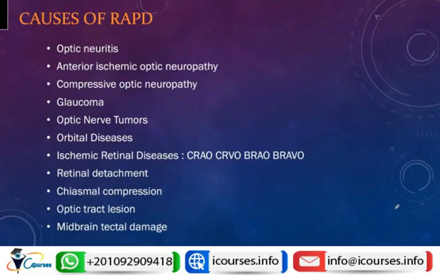So what are the causes of relative afferent pupillary defect? There are different causes that all involve the afferent pathway, starting from the retina, such as severe retinal disease with ischemia like central retinal artery occlusion, central retinal vein occlusion, branch retinal artery occlusion, branch retinal vein occlusion, or retinal detachment.